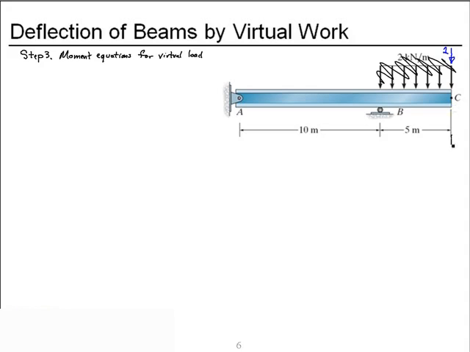Now I must still use the same axes for my moment equations due to the virtual load. Start by finding reactions. We'll have a vertical reaction at A that I'll call lowercase ay, since this is the virtual system. We'll have by and ax.